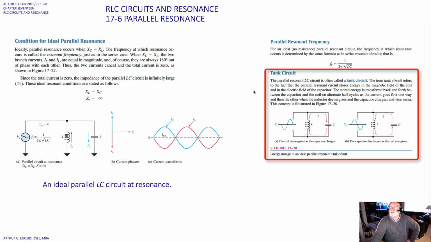The stored energy is transferred back and forth between the capacitor and the inductor on alternate half cycles as the current goes first one way and then the other. When the inductor de-energizes, the fields collapse, the current reverses. Again, refer to Lenz's law. And the capacitor charges and vice versa. The concept is then illustrated in these two schematic diagrams.